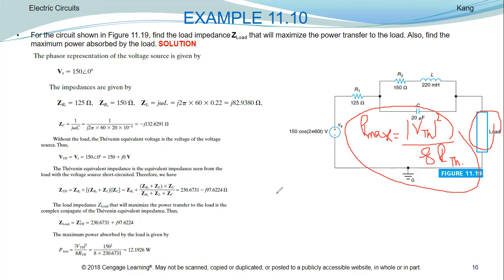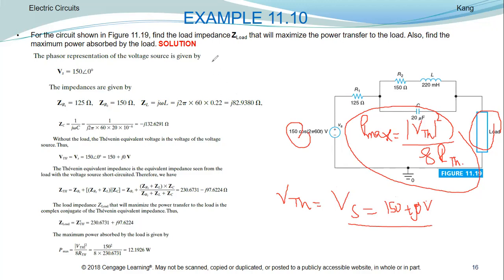For V Thevenin, it will be equal to Vs. So what is the Vs? It is basically 150. So it will be 150 plus j0, 0 degree V. This is the value of V Thevenin. Now moving towards R Thevenin. So how to find R Thevenin? R Thevenin value is this one.